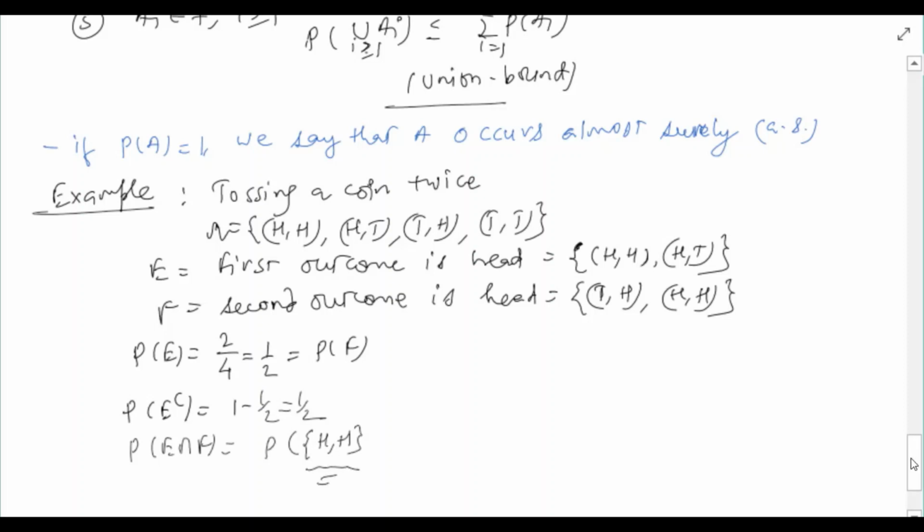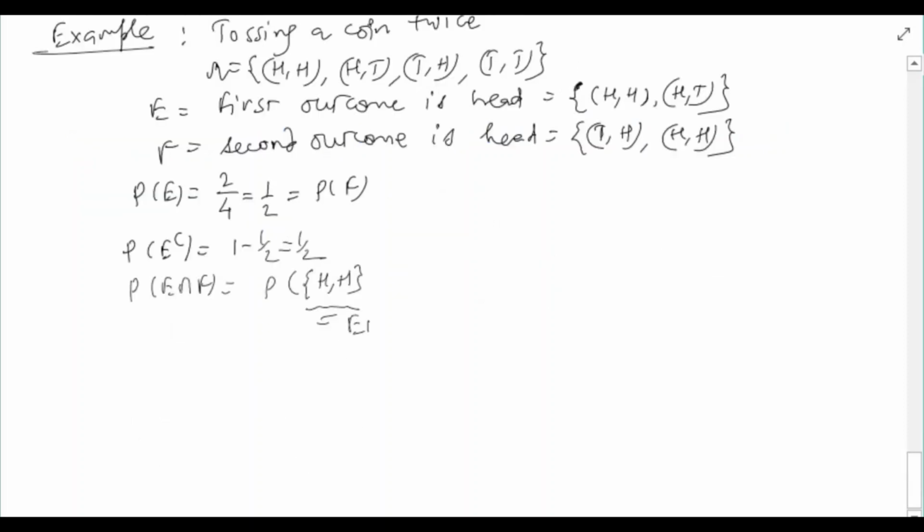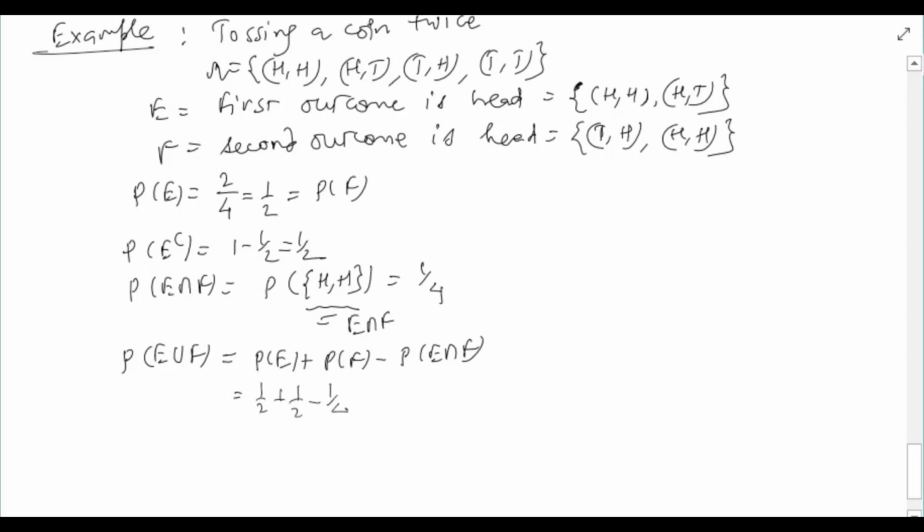Notice that this is the event E intersection F. So probability of E intersection F will be 1 by 4, and so probability of E union F, again following one of the properties above, will be probability of E plus probability of F minus probability of E intersection F, which will be half plus half minus 1 by 4, which will be 3 by 4.